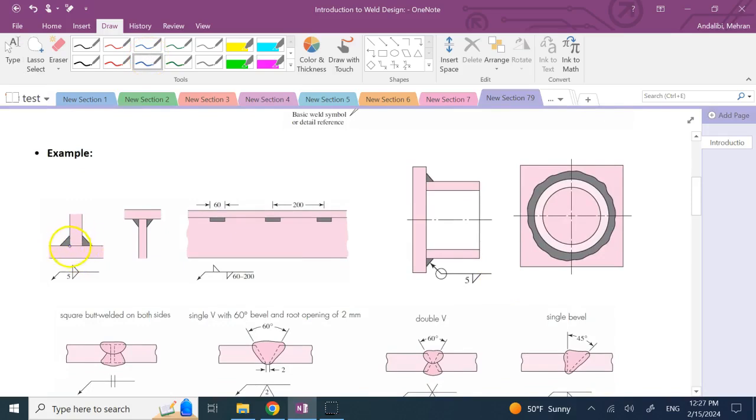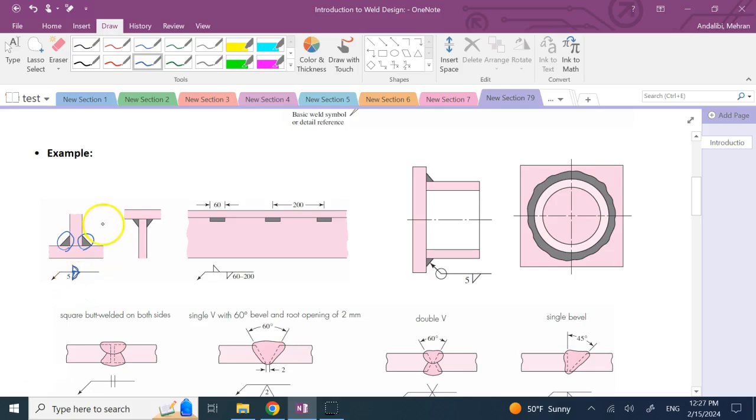I have a weld bead for this T section. I have a weld bead both on this side and the other side of the member. That's why I show the shape of the weld bead here, both above and below.